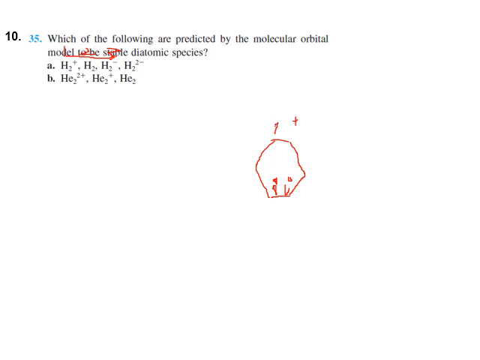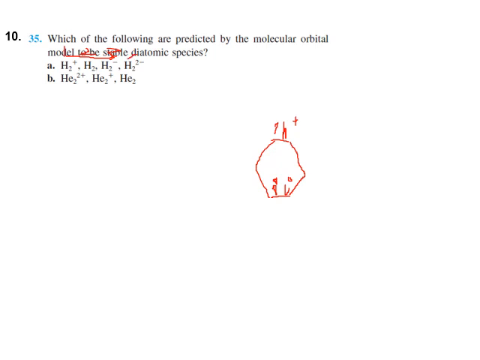The bond orders would be 1/2 for 1 electron, 1 for 2 electrons, and 1/2 again for 3 electrons, because we subtract 2 minus 1 and divide by 2, which is 1/2. It's only when we put in that 4th electron that we have 2 minus 2 is 0, which means we don't have a bond at all, so it wouldn't be stable.